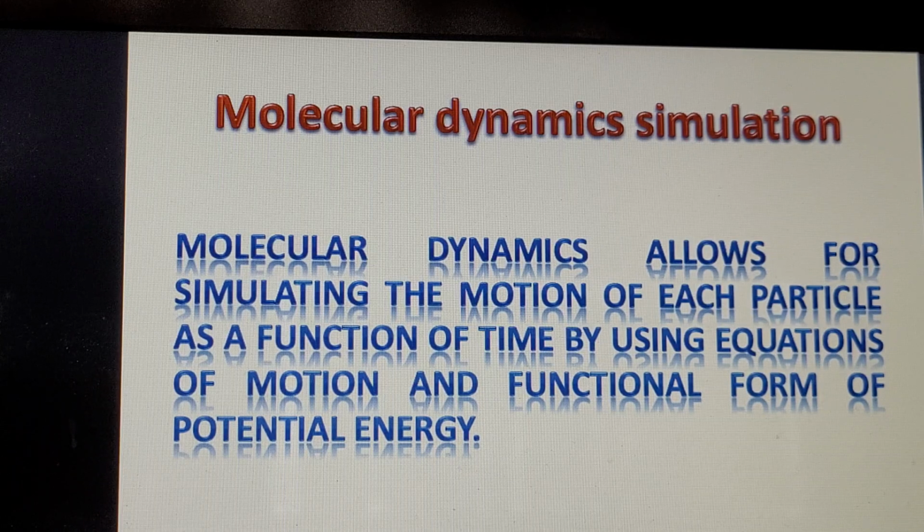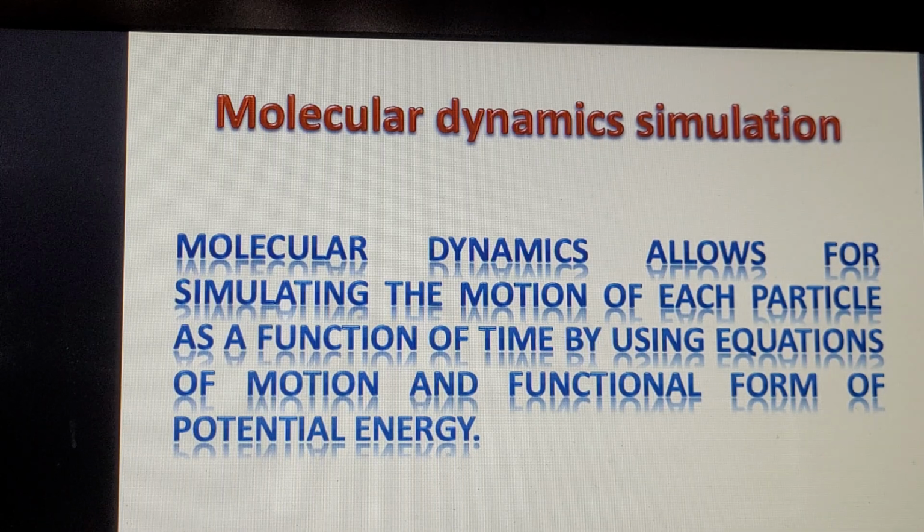Molecular dynamics allows for simulating the motion of each particle as a function of time by using equations of motion and the functional form of potential energy. So in molecular dynamics simulation, you don't have to use quantum law.